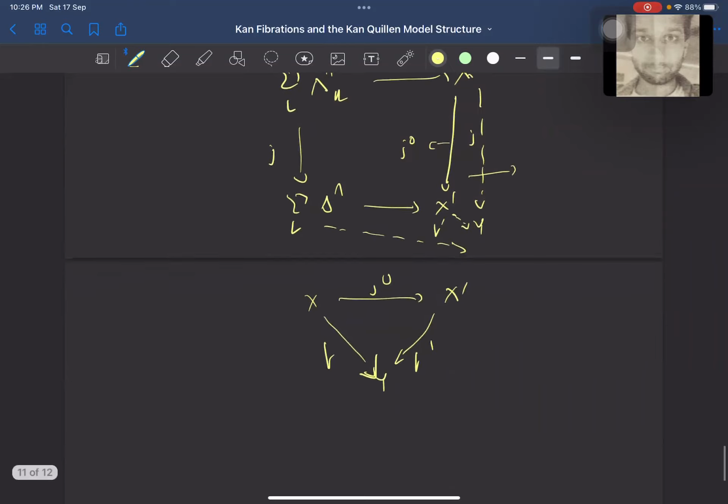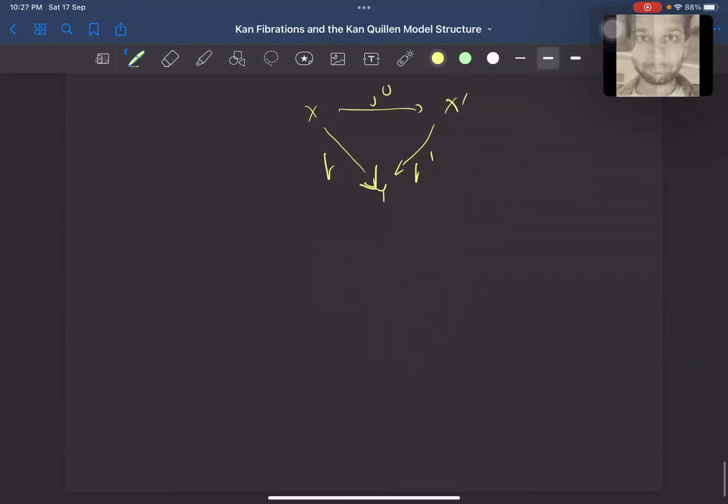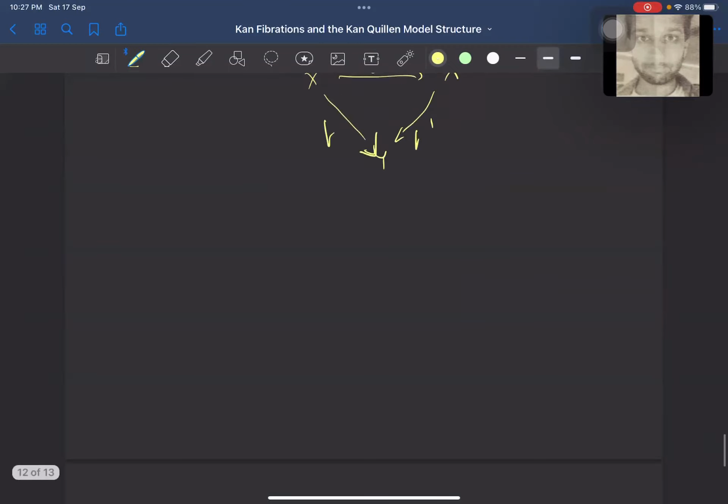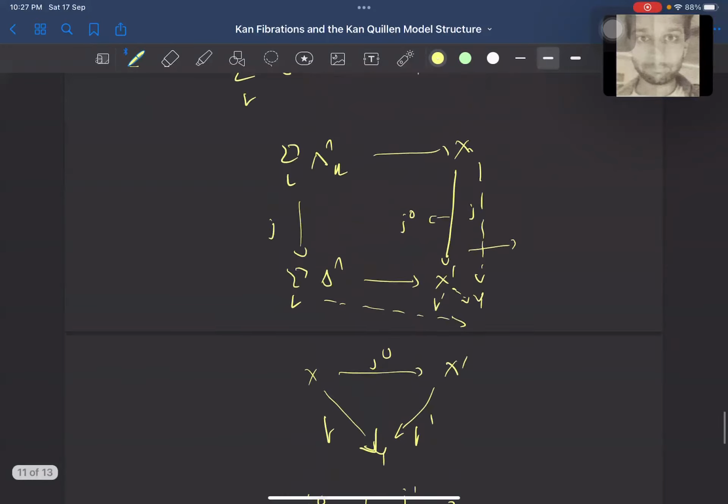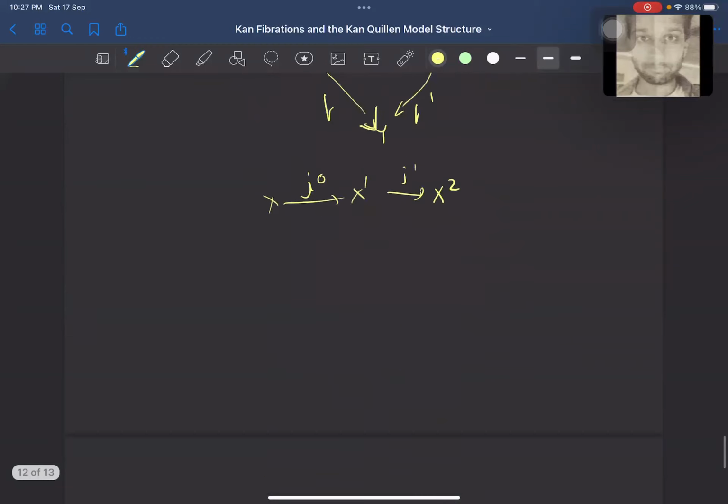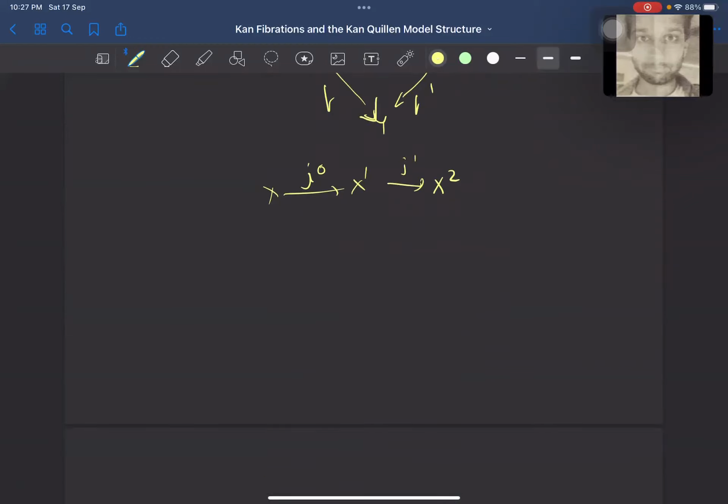So now we repeat this process with F1, the way we did it with F. If you work it out, you'll get the following diagram. Let me check that my notation is fine so far, that I've not messed anything up.